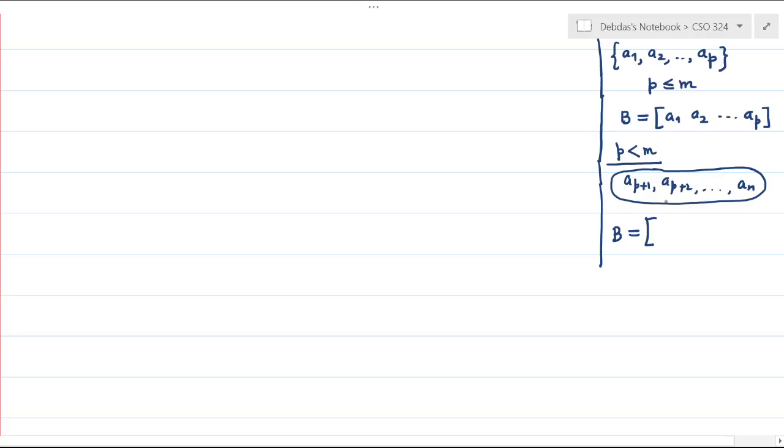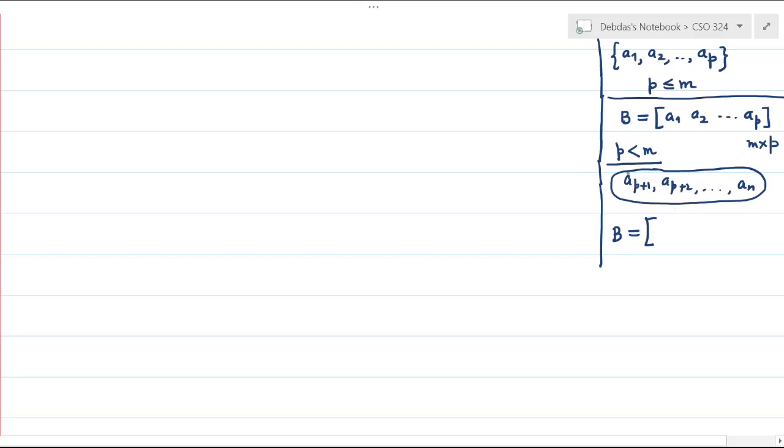So what am I saying is the following. Here, if P is still less than m, then the order of the matrix capital B is obviously m by P, since you have m many rows. But in order to make it m by m, we insert a vector.